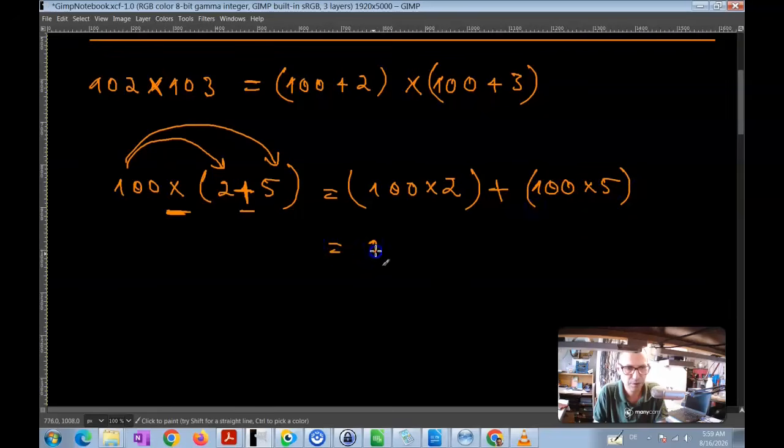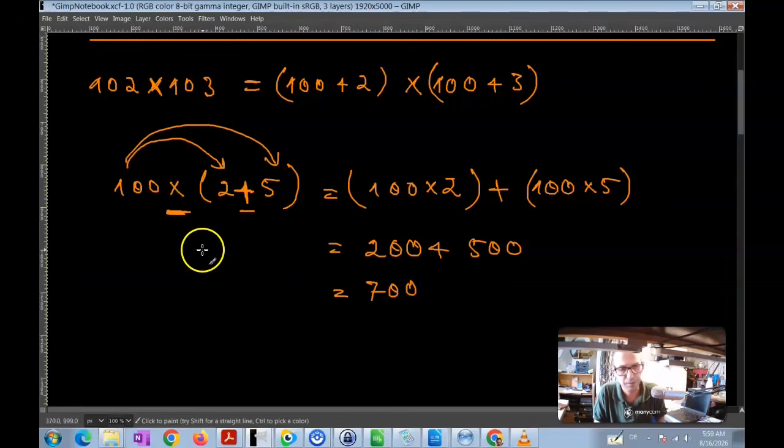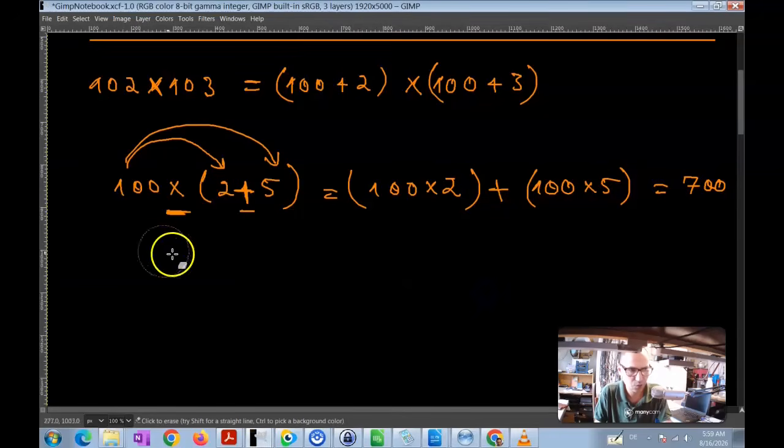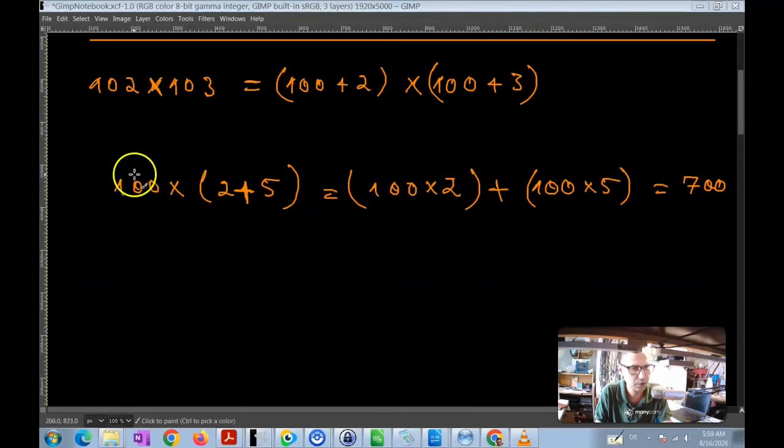which is the same thing as 200 plus 500, which is the same thing as 700, right? And that's 700. Now in the exact same way, you could make this calculation a little bit more complex, the exact same calculation.